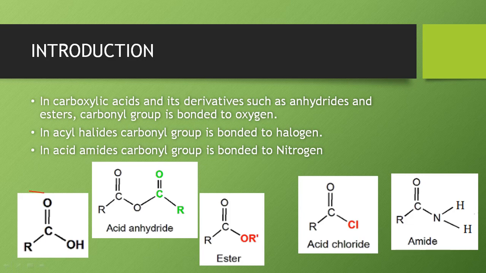This is carboxylic acid and this is anhydride. Whereas in acid chlorides, carbonyl group is bonded to halogen atom. In acid amides, the carbonyl group is bonded to nitrogen.